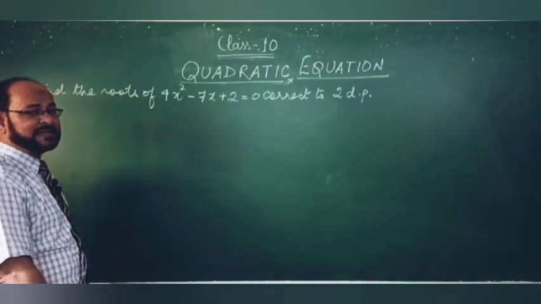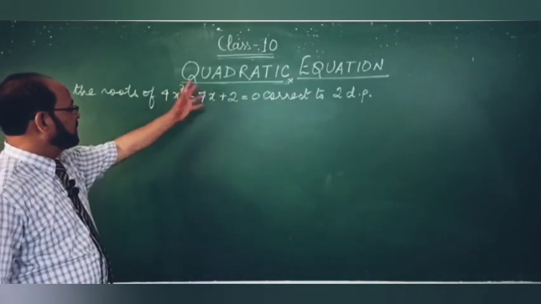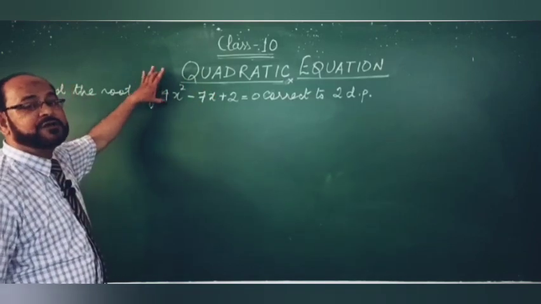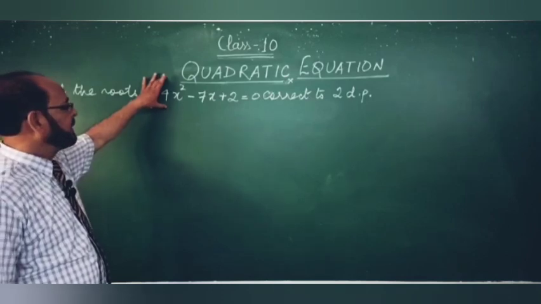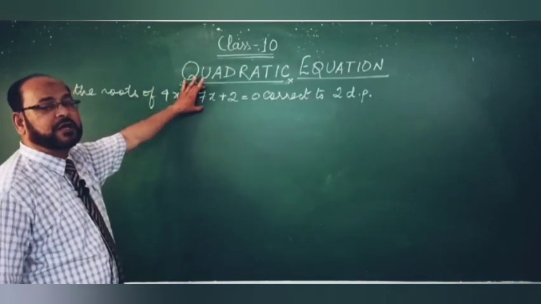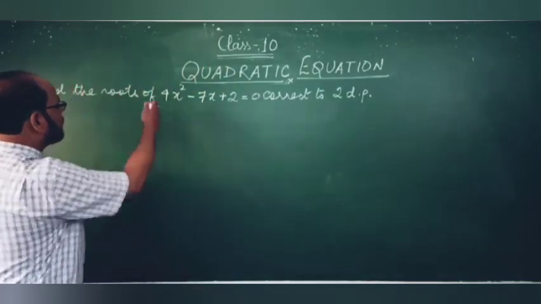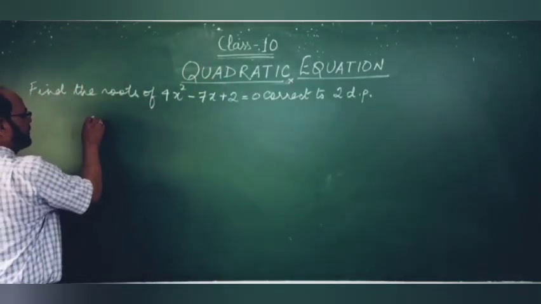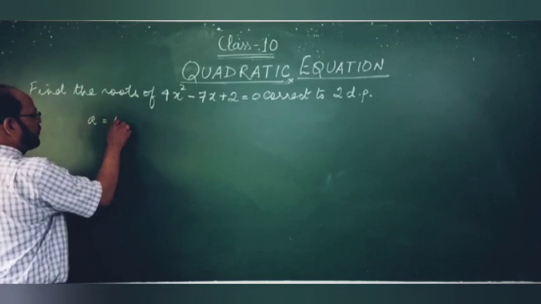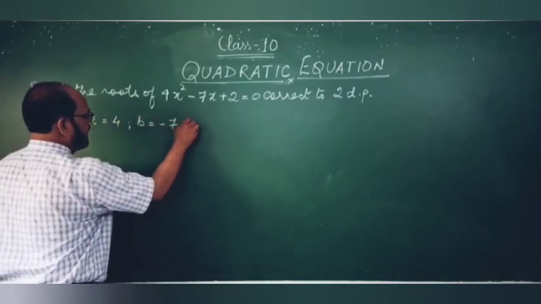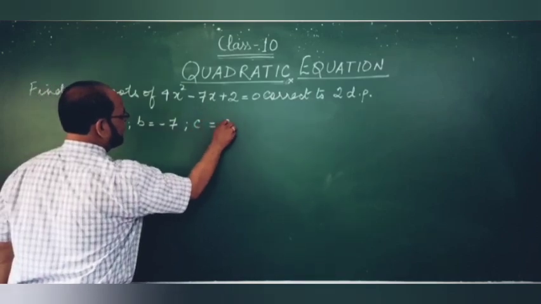So what is a in that equation? a is the coefficient of x square, b is the coefficient of x, and c is the constant term. So from this given question, your a is 4, your b is -7 and your c is 2.